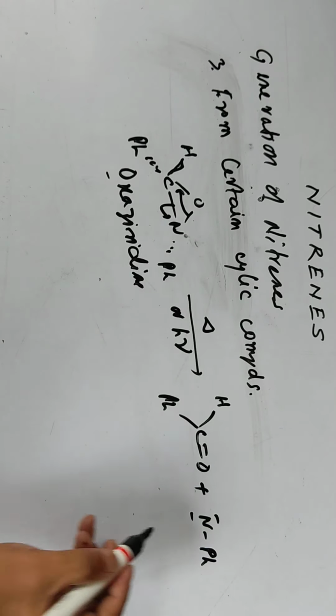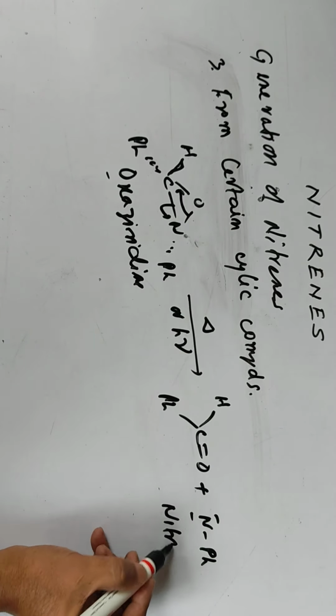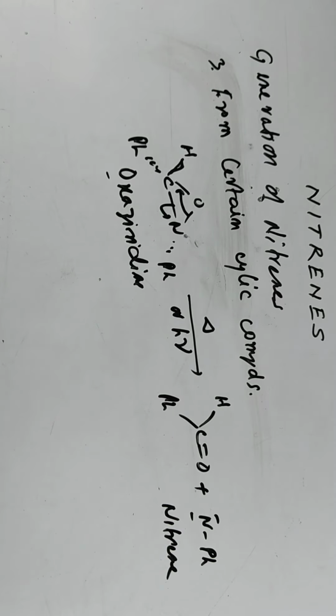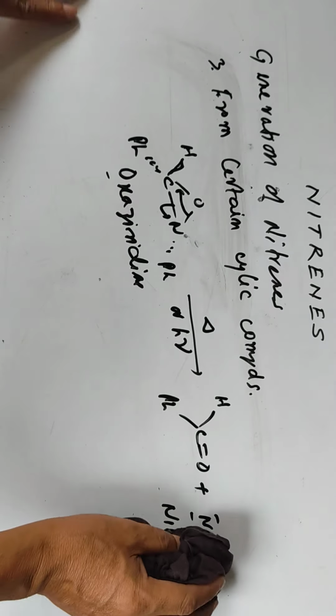In this way, nitrogens can be generated. I'm repeating again: nitrogens can be generated by three methods. First is by 1,1 elimination or alpha elimination, second is from certain double bond compounds, and third is from certain cyclic compounds. So this is about the generation of nitrogens.